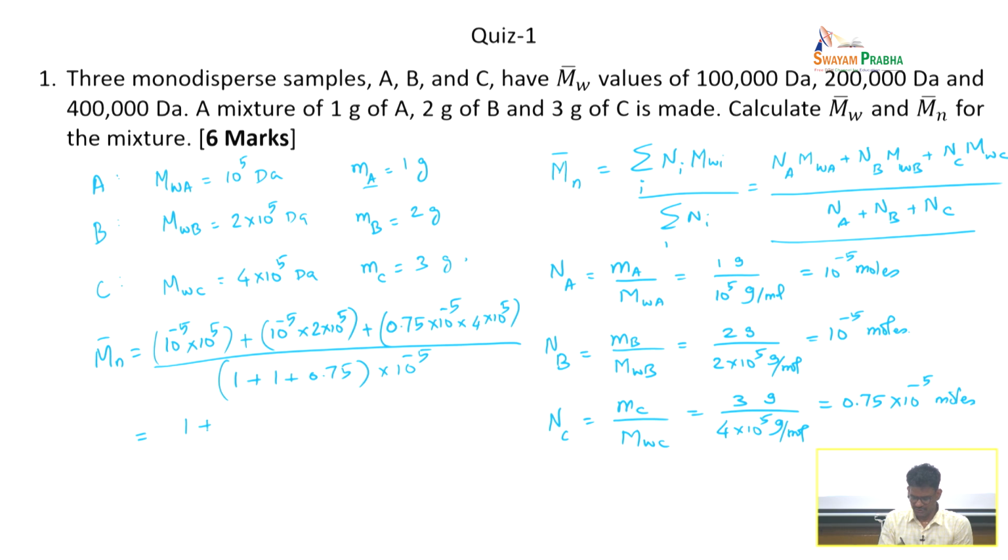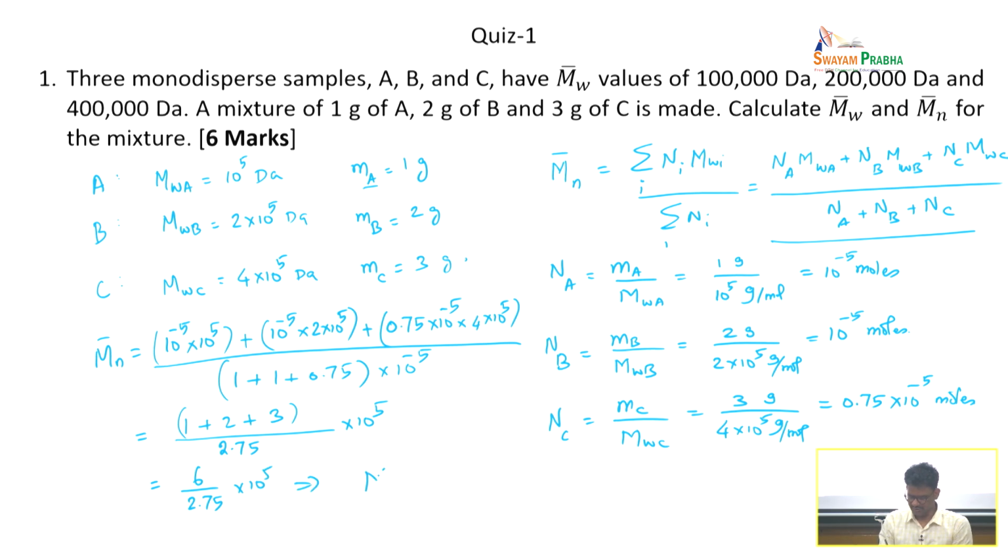So you get 1 plus 2 plus 3 into 10 power 5 over 2.75 into 10 power minus 5, so this is 6 by 2.75 into 10 power 5.